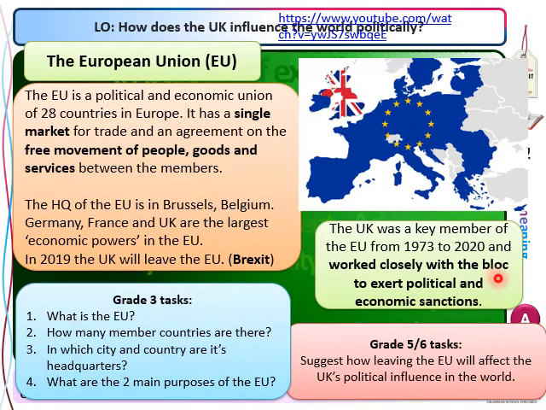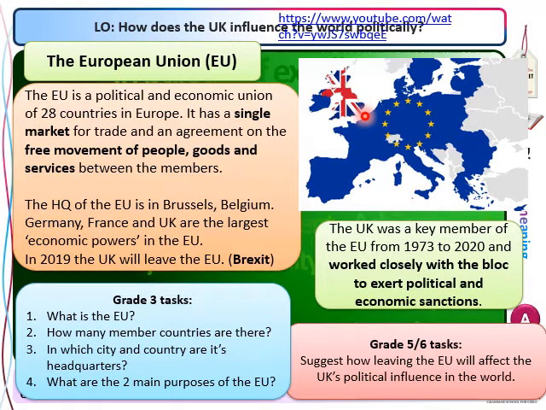A bloc is a grouping. So we worked closely with this entire bloc of countries as it grew and grew. Initially it was 3 countries that formed it, and it grew in various stages and expanded. Because we were a key member of that, we exerted lots of influence in the world by working together with our European political allies.